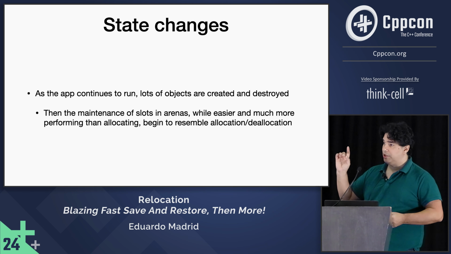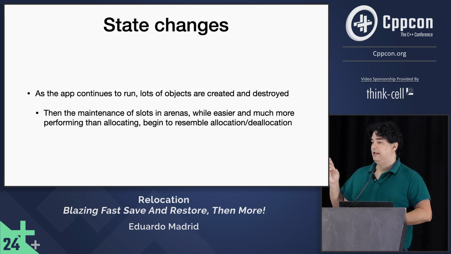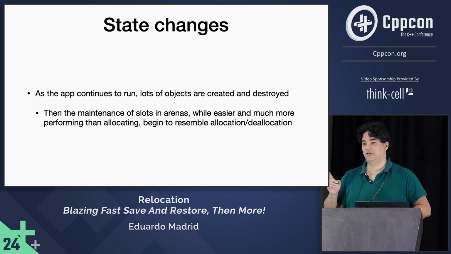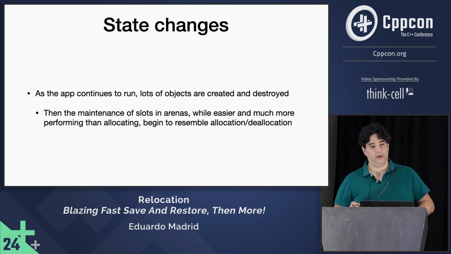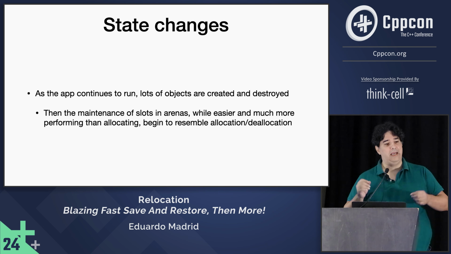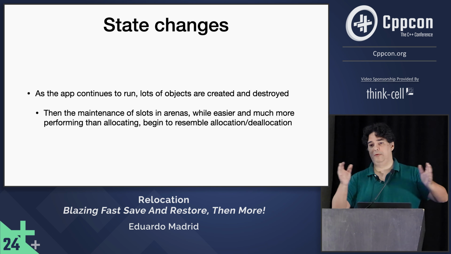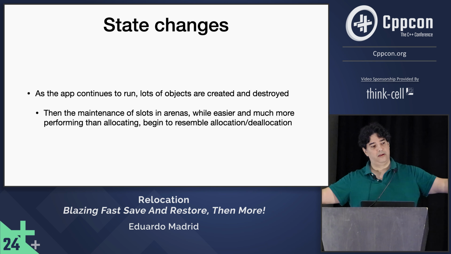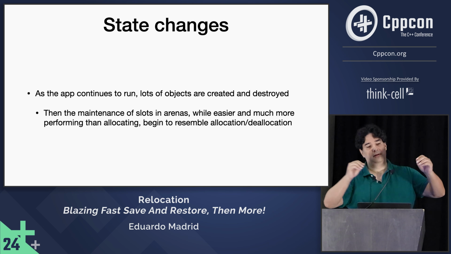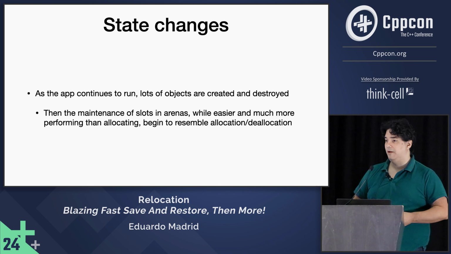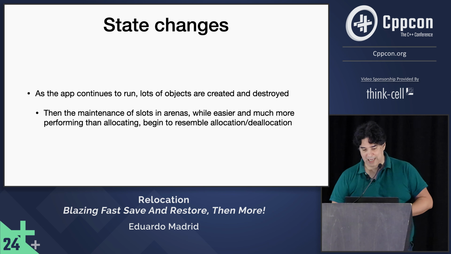But of course, a much easier problem because managing slots is just to determine whether an index is available or not. In the case of allocation, you have the really nasty problem of different sizes of allocation, okay? So this is a homogeneous size, so it's a much easier problem to tackle.